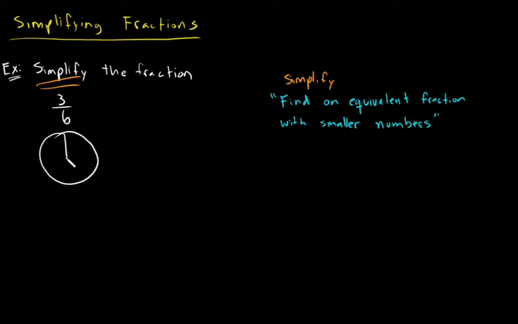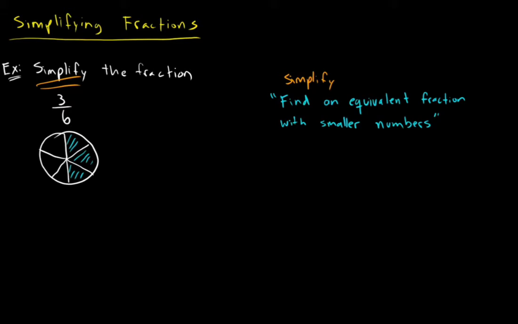All right, I'm going to shade in three of them. So 1, 2, 3. And now if we look at it, what fraction does that represent? What fraction can we use to represent that information as well?